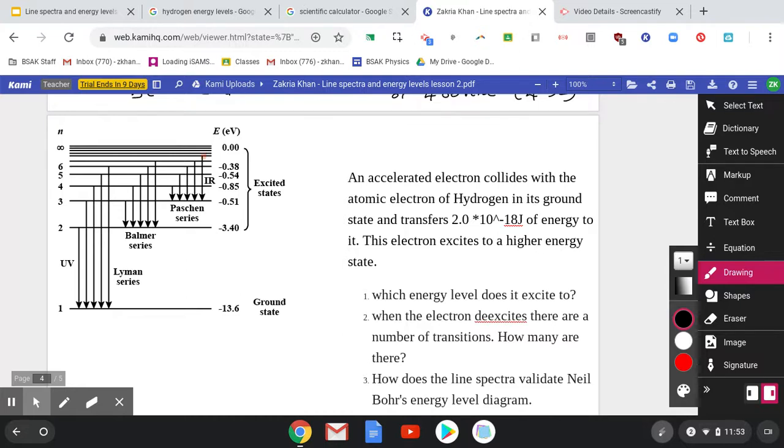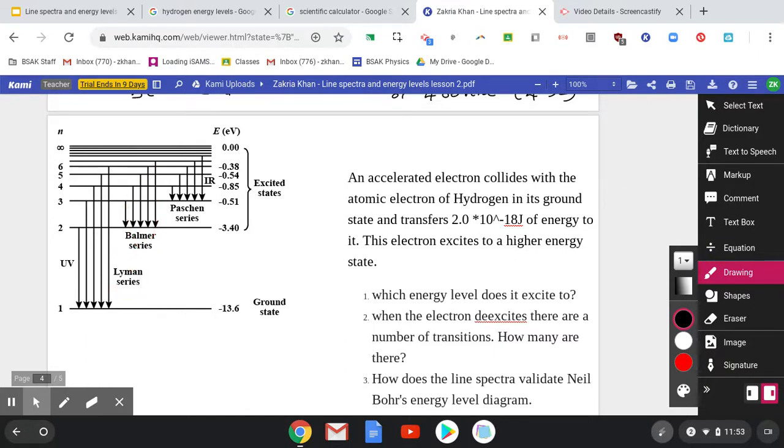And when electrons de-excite from higher levels to n equals 3, they will give photons with frequencies in the infrared region. This is called the Balmer series for the light in the visible part.